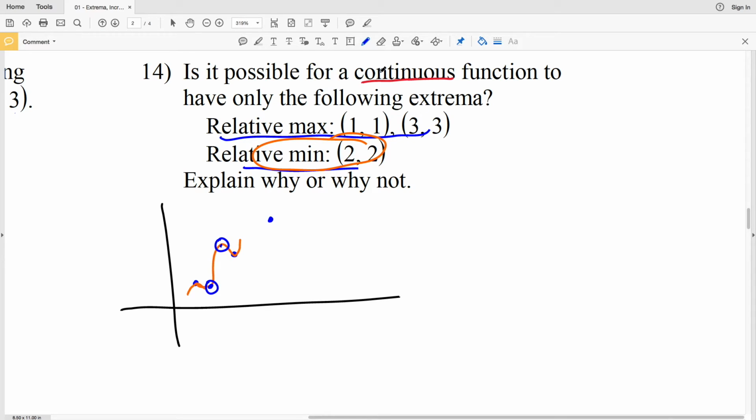So that is not possible for a continuous function. We could attempt this not using a continuous function and then having a jump. However, it says that the function needs to be continuous. Therefore, it is not possible.